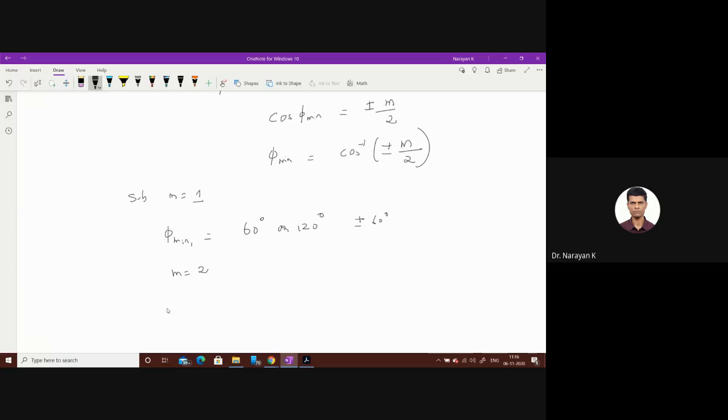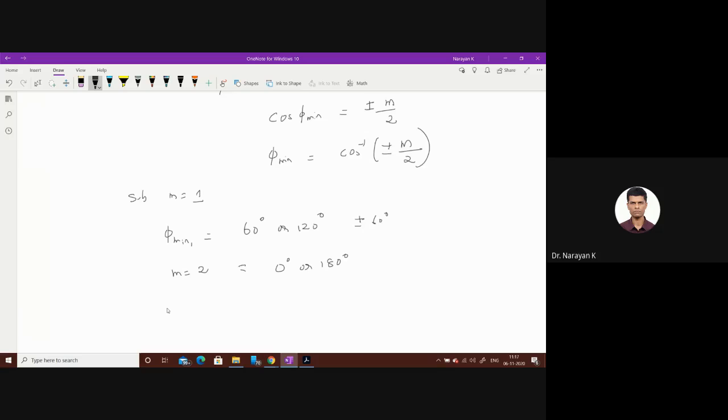Correct. M is equal to 2. How much do you get? 0 or 180 degrees. Agreed. Now substitute m is equal to 3.